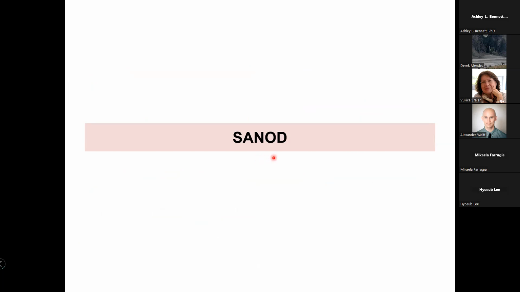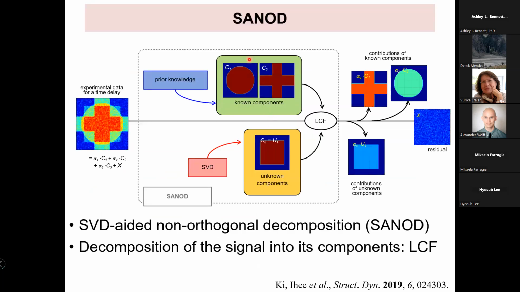Next, I will proceed to explain the SANOD method. SANOD stands for SVD-aided non-orthogonal decomposition. In this method, you can leverage the shape of some known signal components, and by doing so, you can determine the kinetic traces of these known signal components.